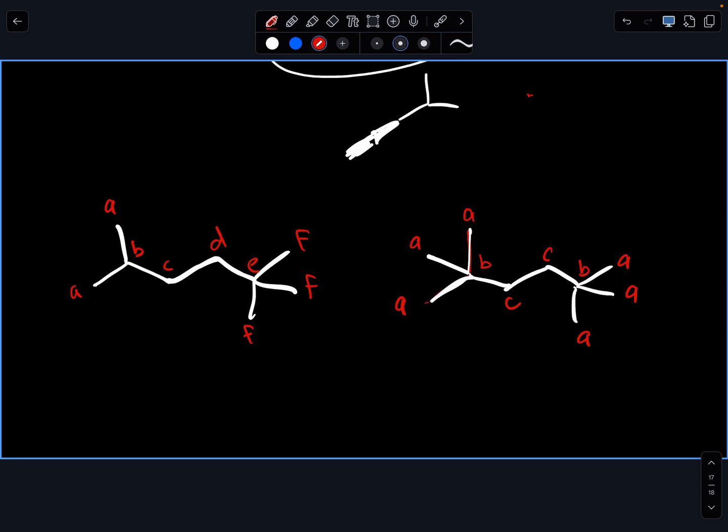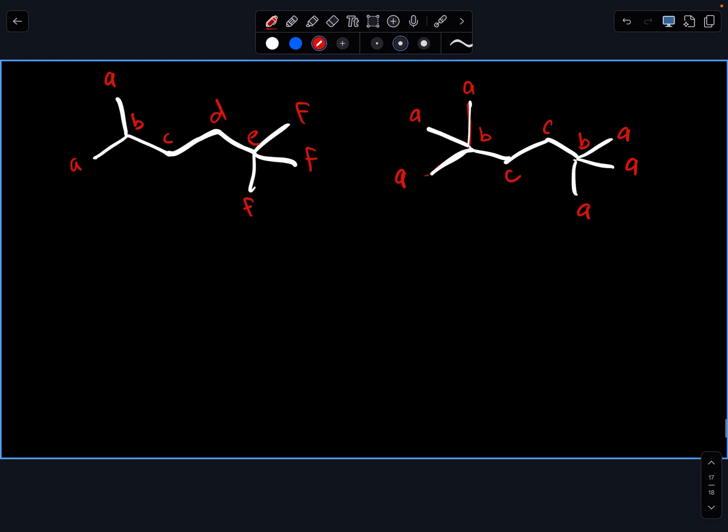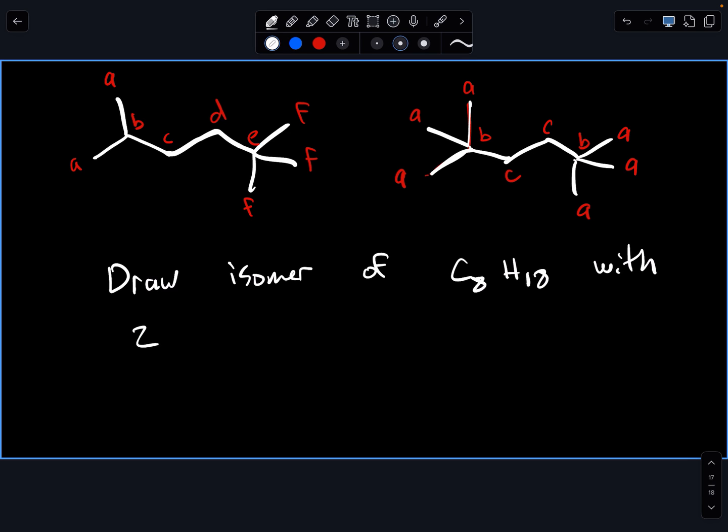I remember a bonus question we put on a first midterm a few years ago. Sometimes we put bonus questions on and it combines a few ideas. And it was this: draw an isomer of C8H18 with 2 C13 NMR signals.